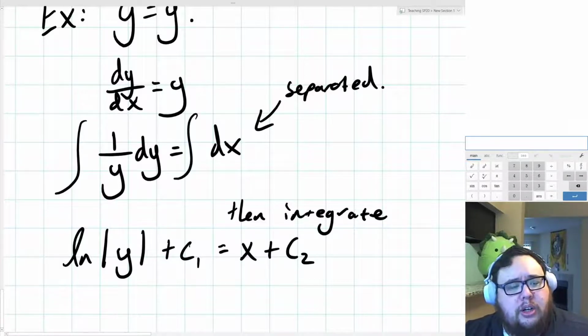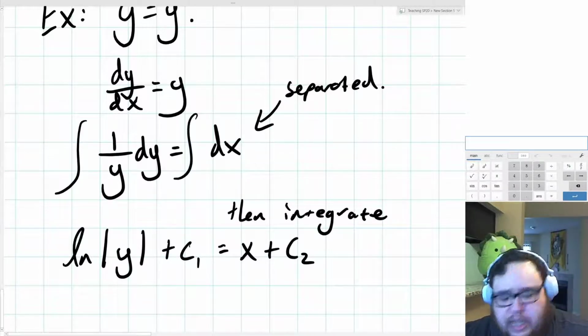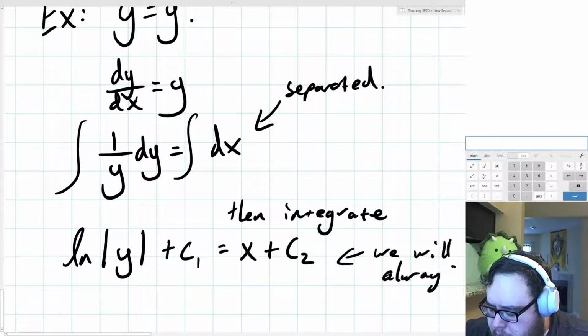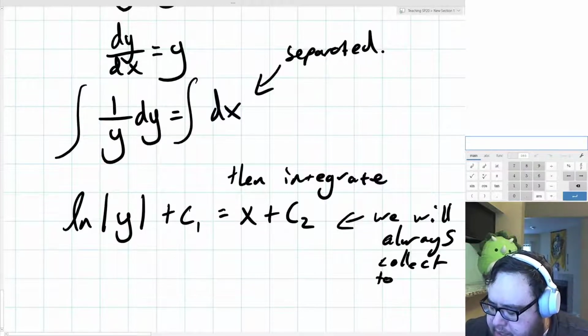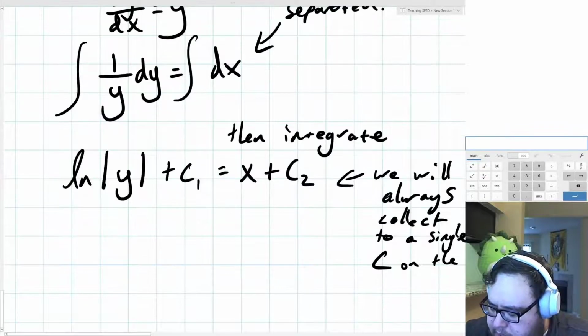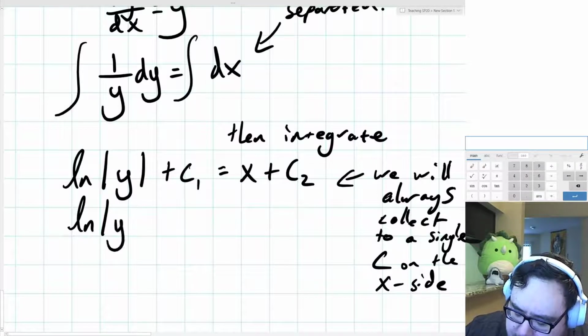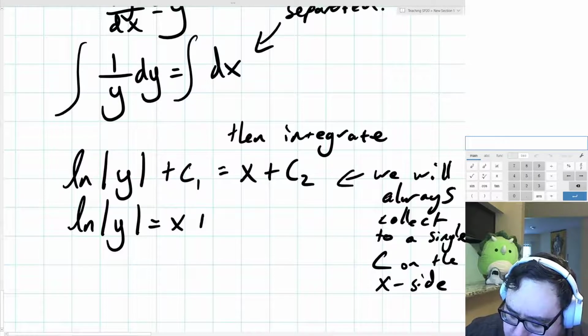We're always going to collect our constants on the x side at this step, to a single c on the right-hand side. So this will be ln of the absolute value of y is equal to x plus a constant.